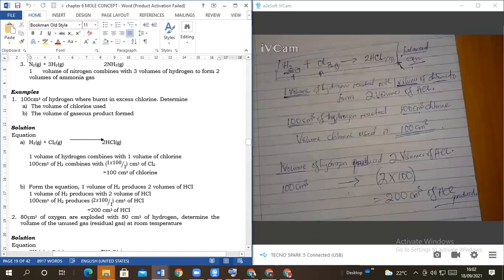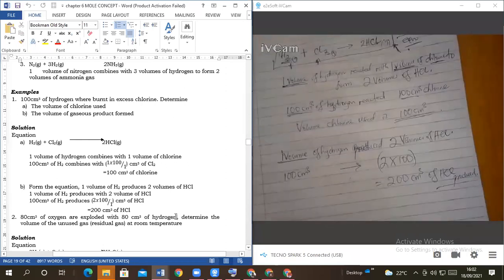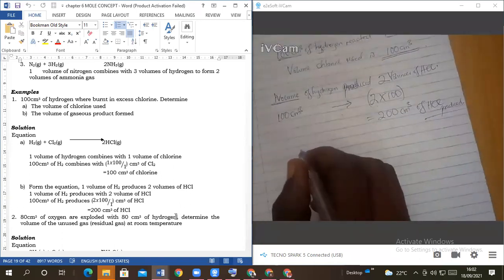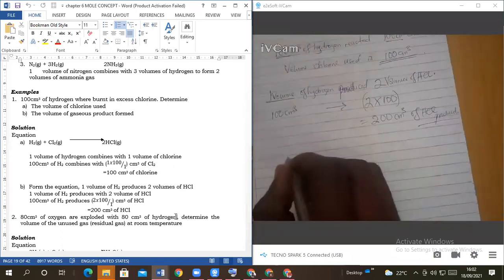Now they are saying 80 cubic centimeters of oxygen are exploded with 80 cubic centimeters of hydrogen. The equation of reaction will be between what and what? Oxygen and hydrogen.